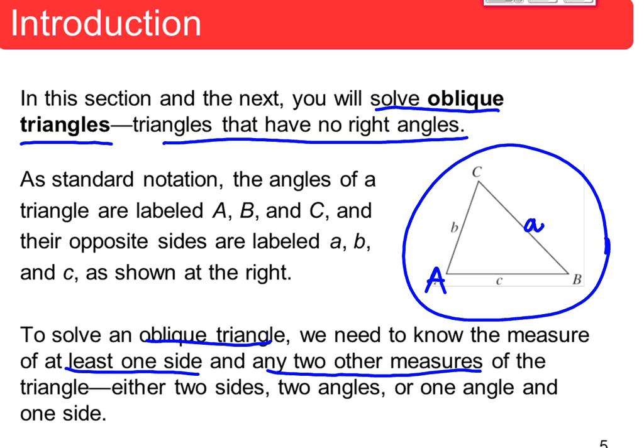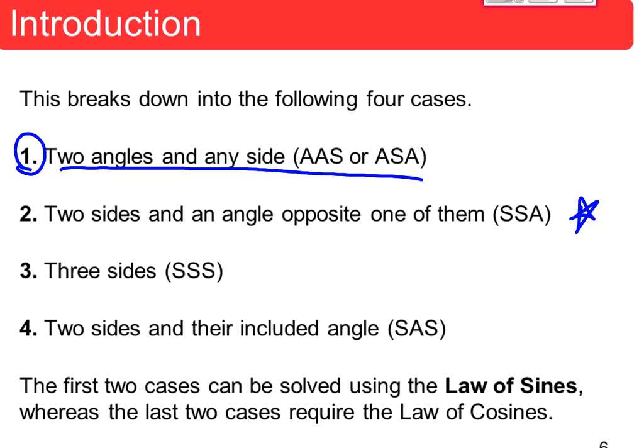We have to have a pair of those. So instead of being told little a and angle A, if I'm told the other two angles, then I can find angle A. So they don't necessarily have to tell me angle A, but I have to have a way of finding angle A if I know little side a as my only other side.